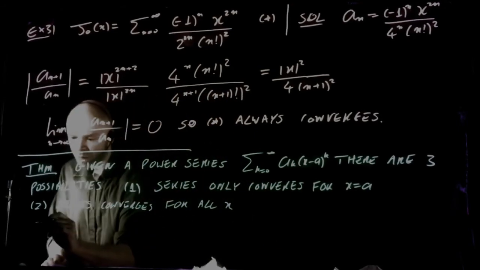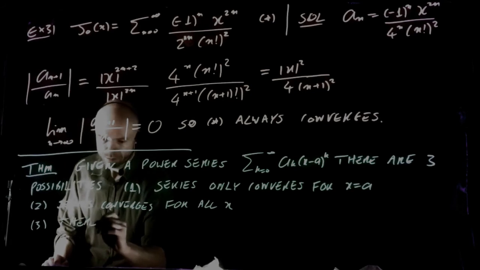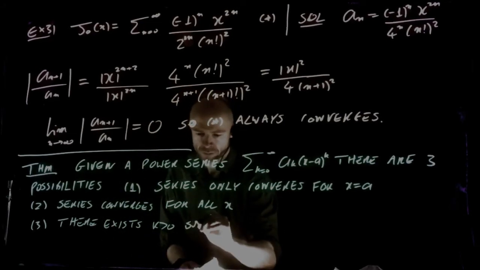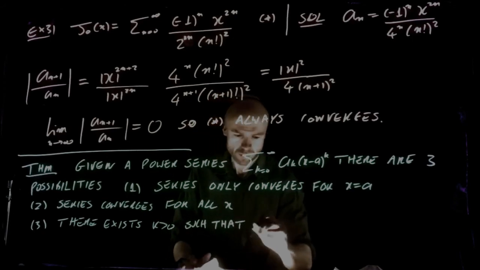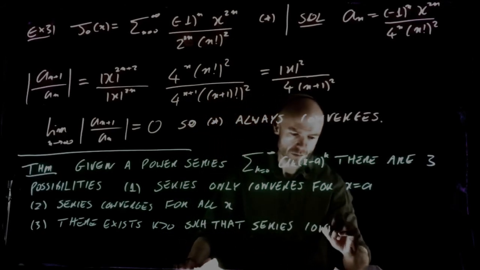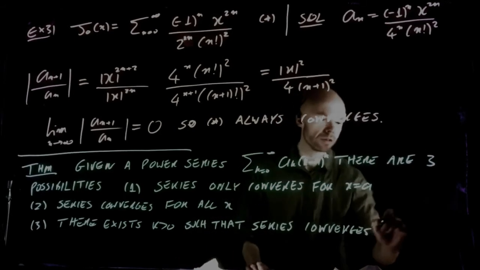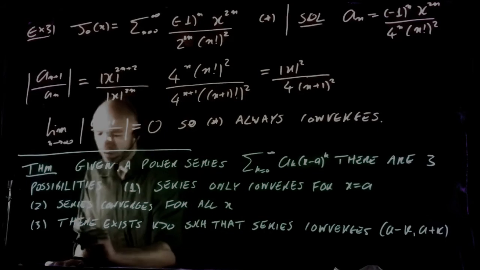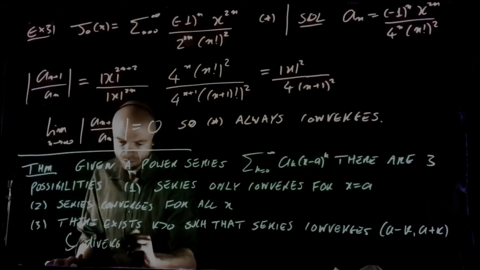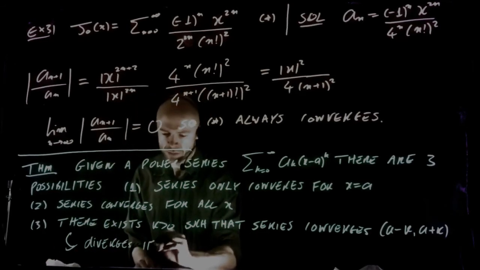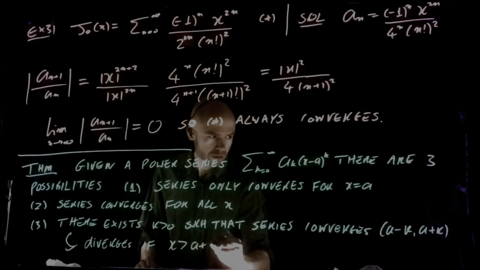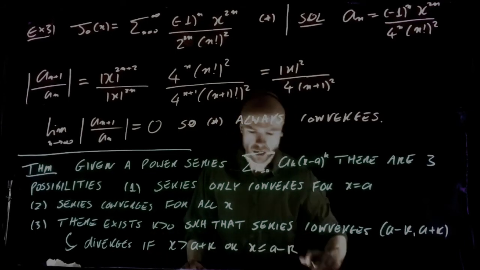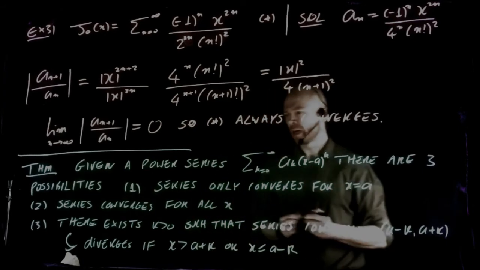And the third possibility is there exists an R such that the series converges when we are inside this interval, and it diverges if we either have x bigger than a plus R or x less than a minus R. Okay? And that's the three behaviors we've seen.